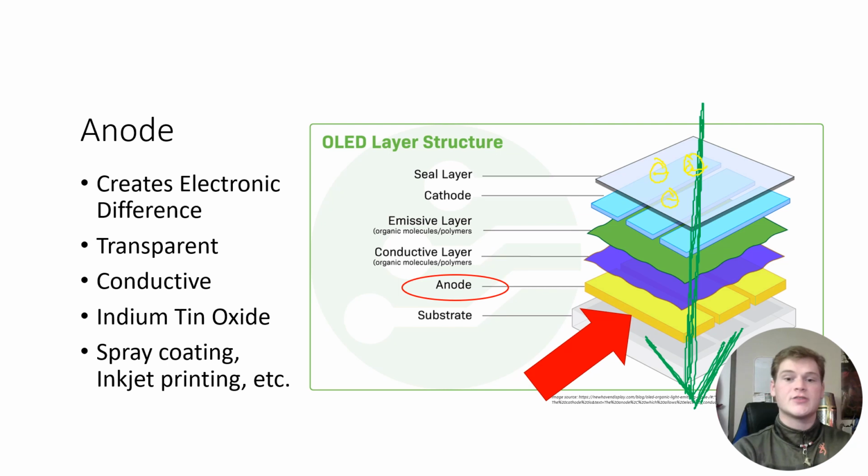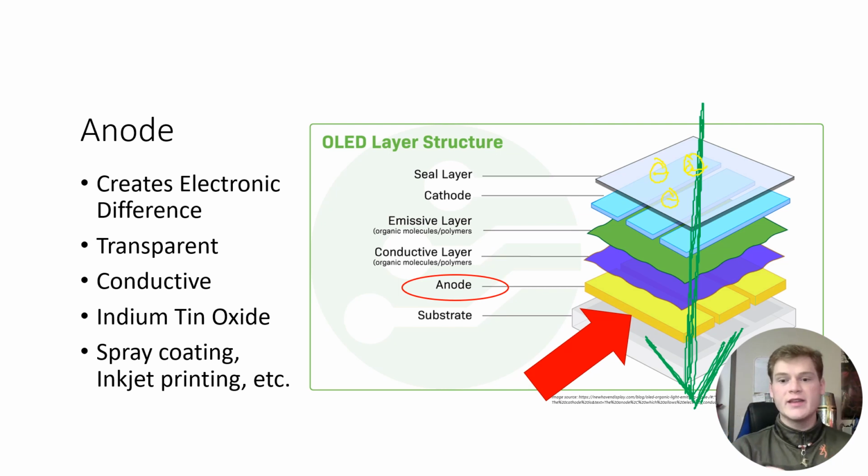And so all of these little electrons want to move down towards the anode. So the anode creates the pull for the electricity within the OLED and also the circuit. I may interchange those words, but we're speaking of organic LEDs. Another interesting fact about the anode is that the anode is completely transparent.